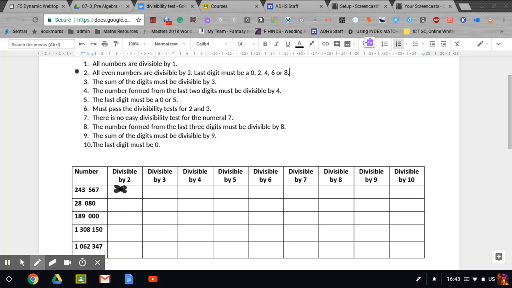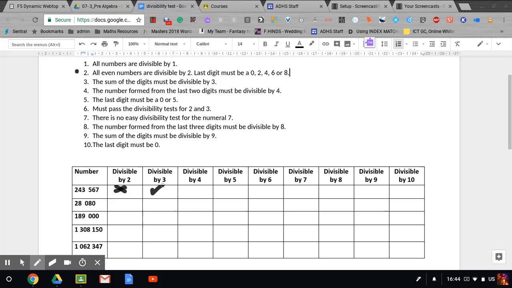Is it divisible by 3? So let's add up the numbers. 2 plus 4 is 6, plus 3 is 9, plus 5 is 14, plus 6 is 20, plus 7 is 27. 2 and 7 add up to be 9, and 3 goes into 9. So yes, that is divisible by 3.